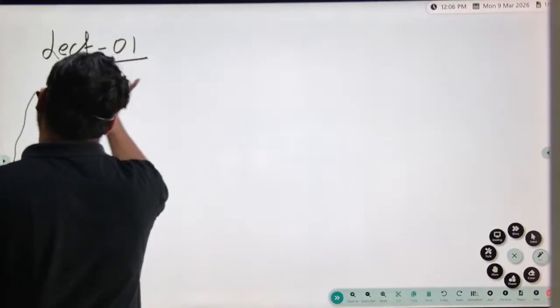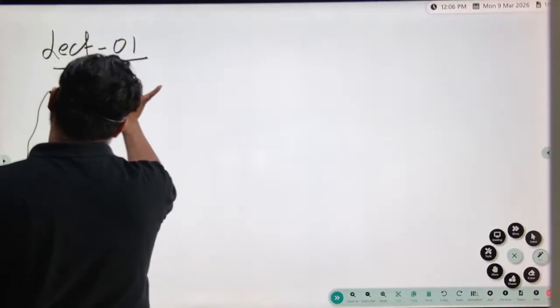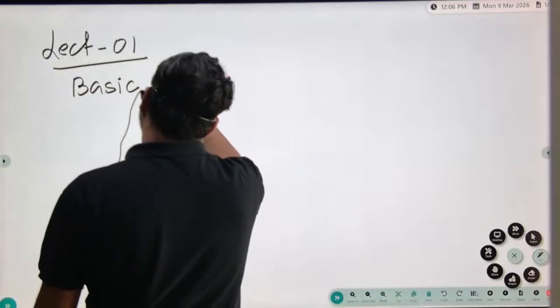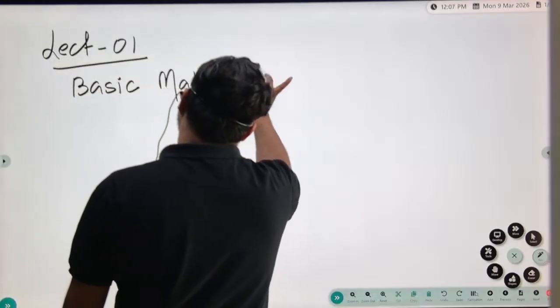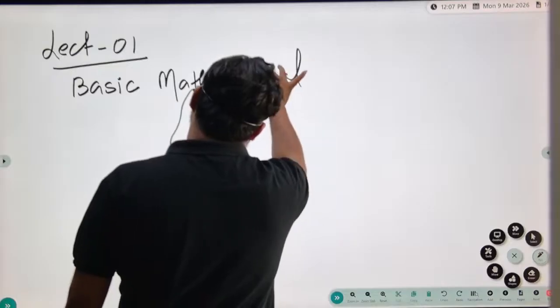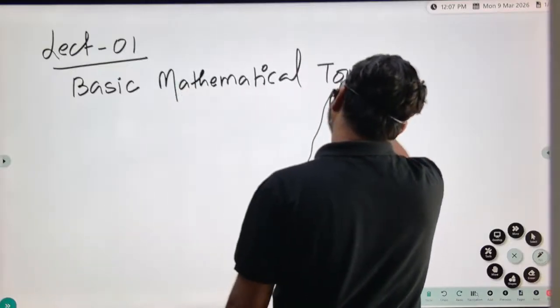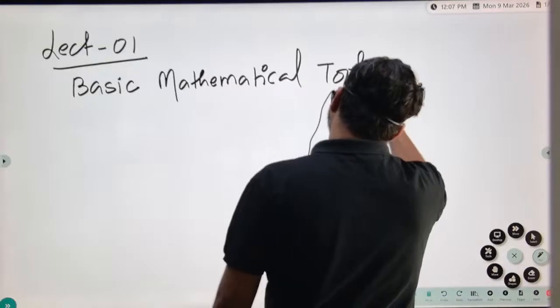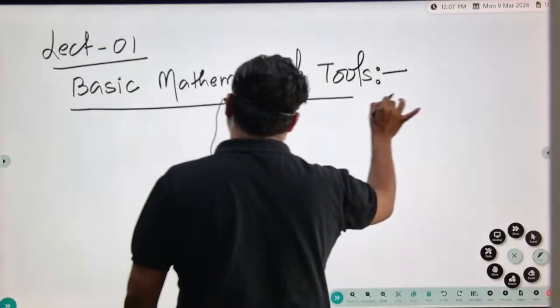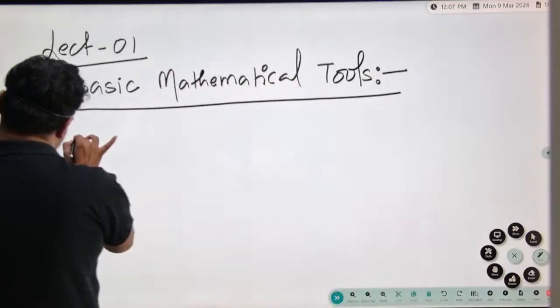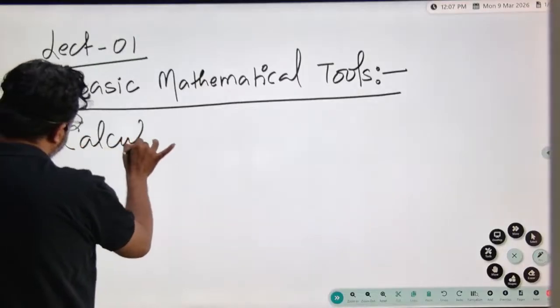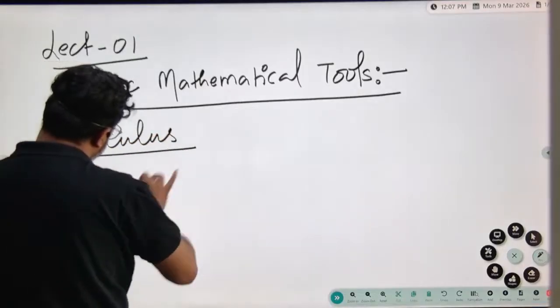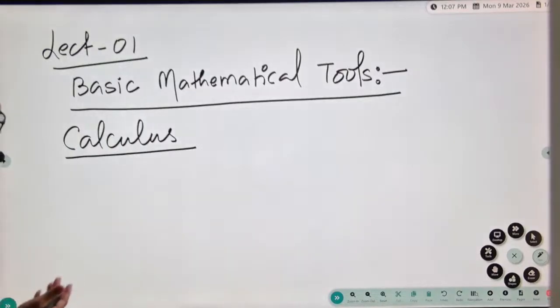Lecture 1. Basic mathematical tools. Calculus. Now calculus has 2 sections.